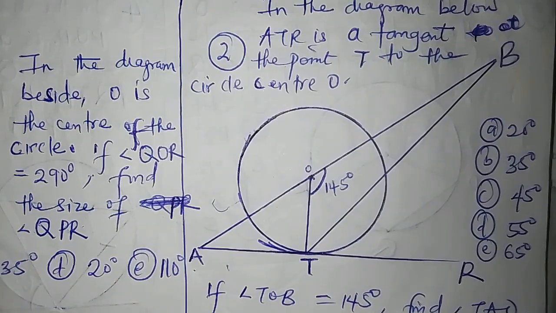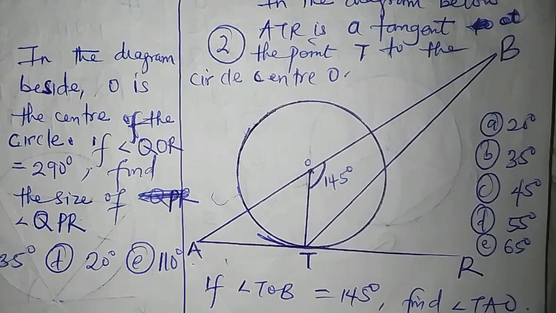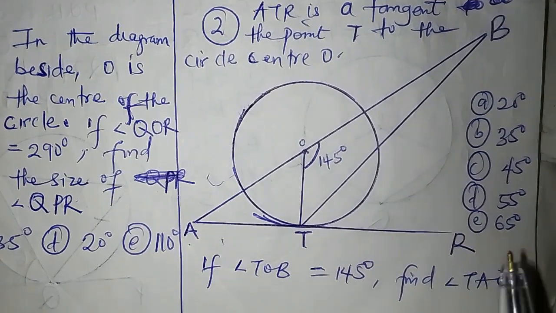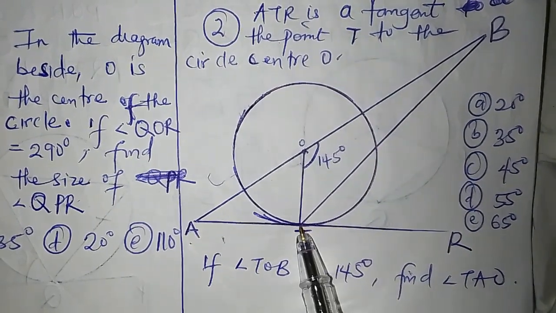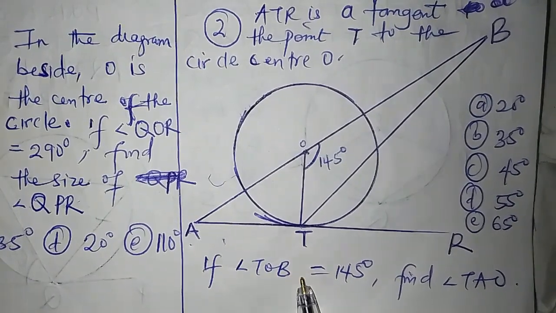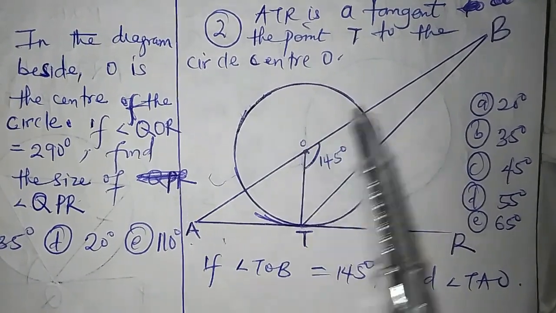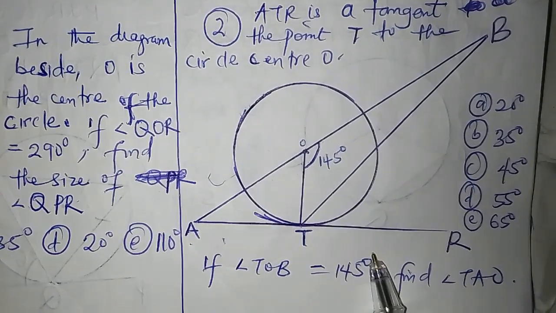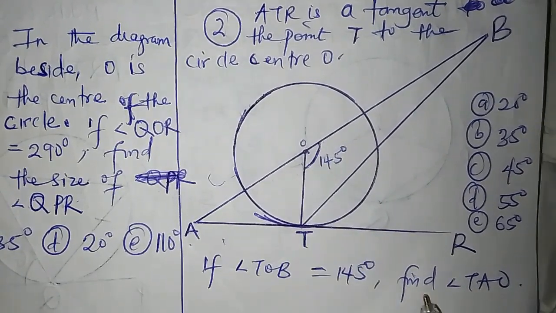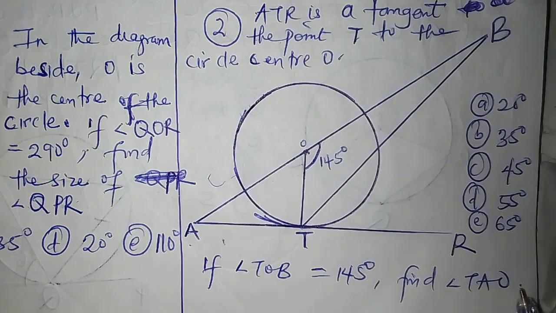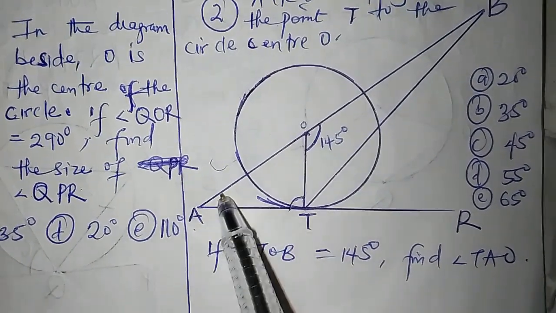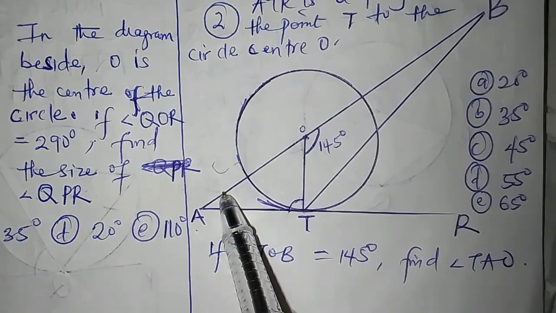Question 2 says, in the diagram below, ATR is a tangent at the point T. If angle TOB, that's this angle here, is 145 degrees, we have to find angle TAO, which is this angle that is here.